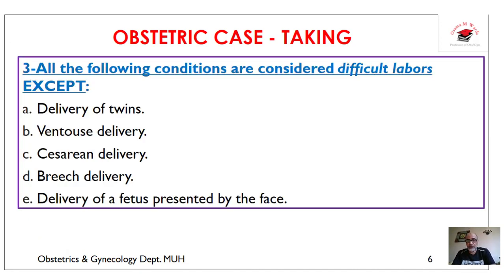All the following conditions are considered difficult labor except deliveries of twins, vaginal delivery, cesarean delivery, breech delivery, delivery of a fetus presented by the face. We first mention the definition of difficult labor.